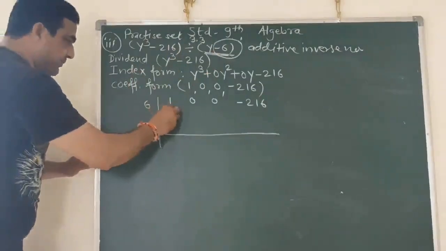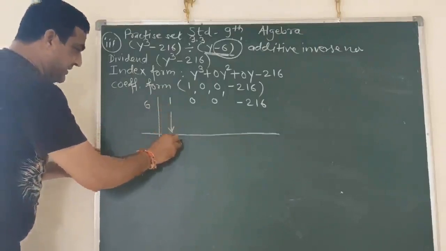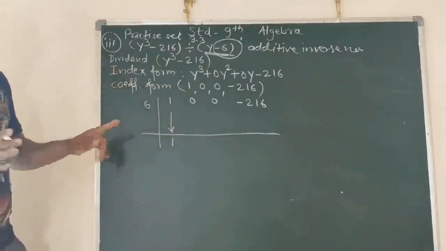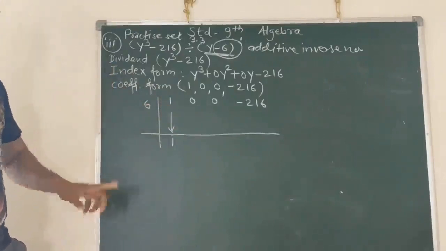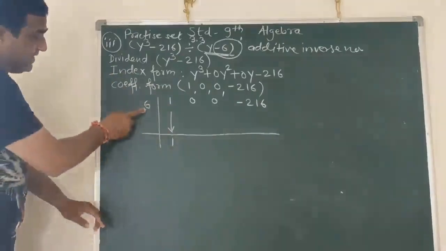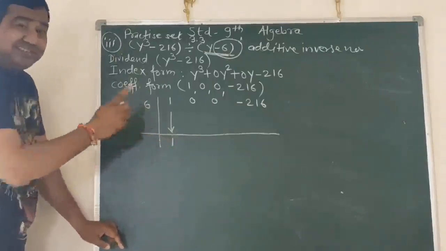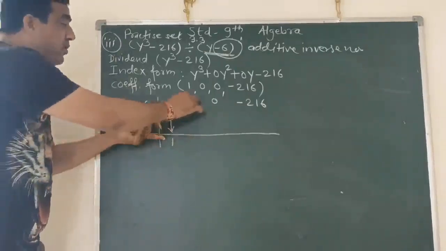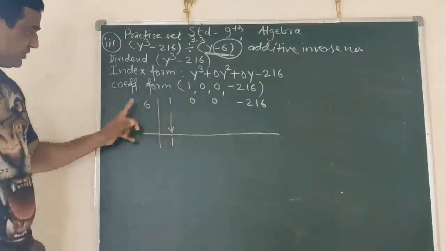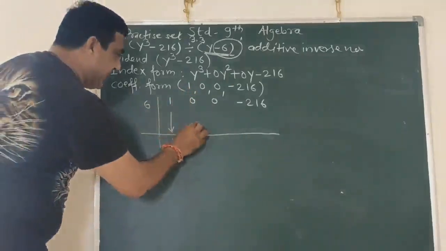Now the first number, as it is, you write below the line. And now multiply 6 into 1, that is 6. Write this answer below the next coefficient.